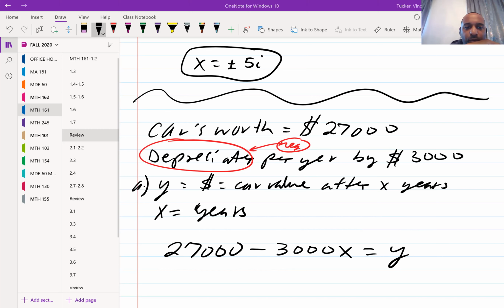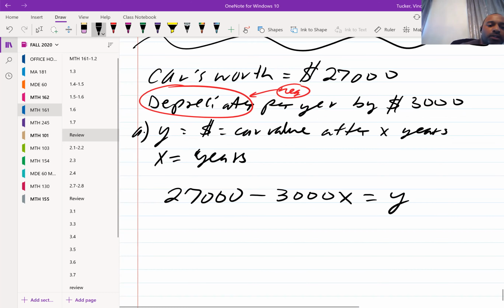Use the formula from part A to determine how many years until the car's value will be 12,000.